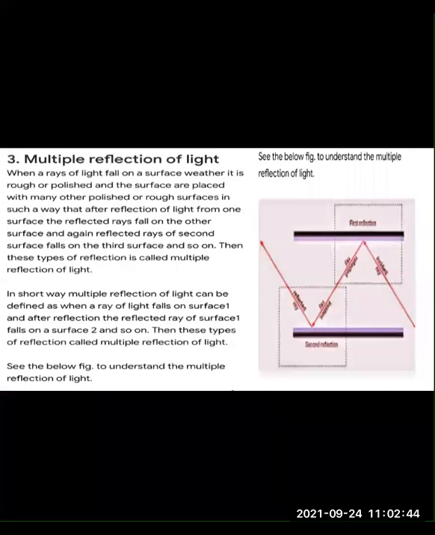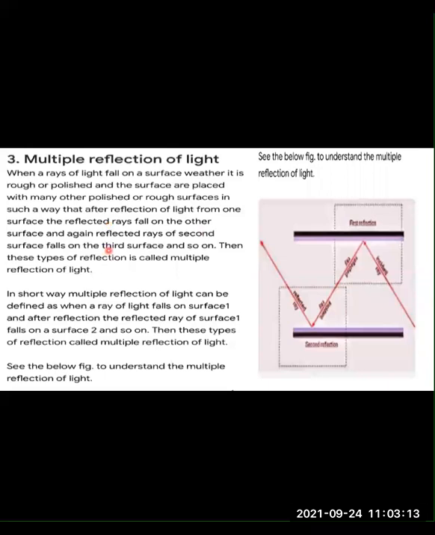The third reflection that we are going to see now is multiple reflection. When a ray of light falls on a surface, whether it is a rough or polished surface, the surfaces are placed with respect to each other in such a way that after reflection of light from one surface, the reflected ray falls on another surface and again reflection takes place.